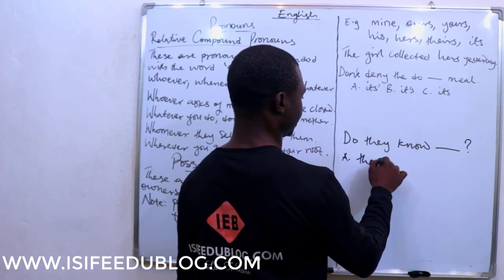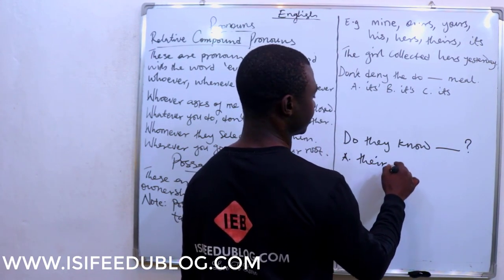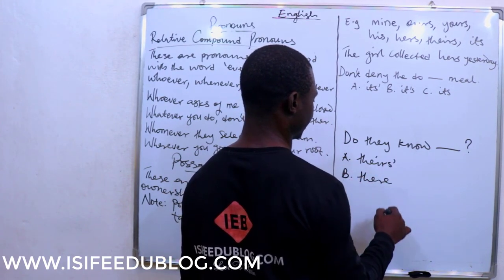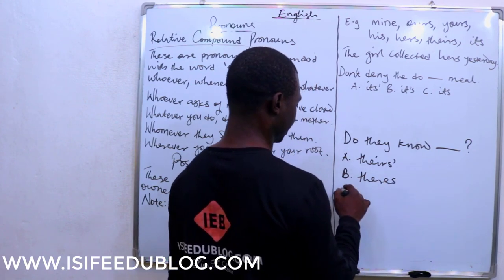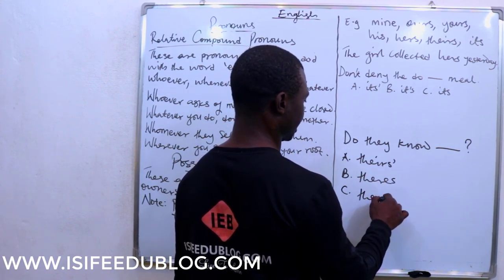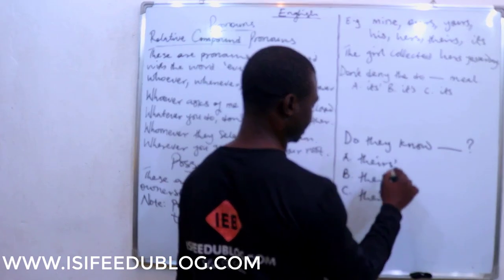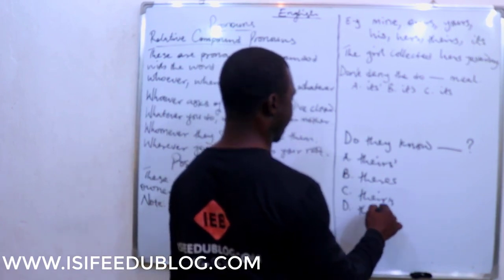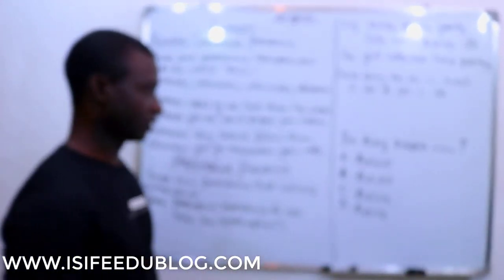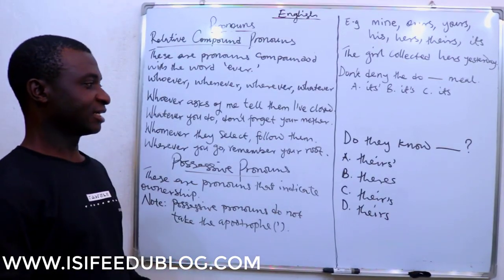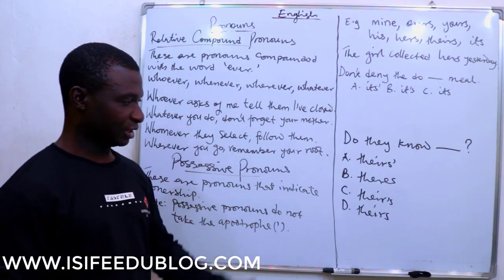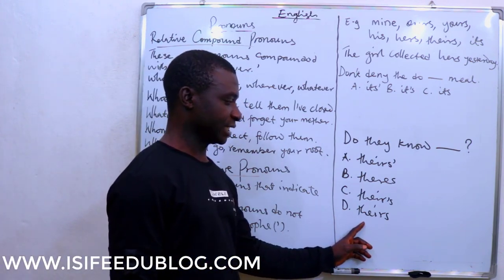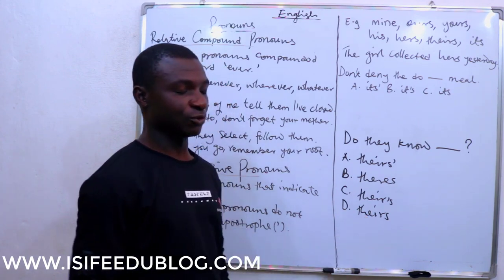A, theirs with apostrophe; B, theres; C, their apostrophe s; D, theirs, no apostrophe. If they do this, remember the simple thing. Tell them, "Epa taught me English," and then you choose the right one, which is theirs. Do they know theirs? No apostrophe with the possessive pronouns.